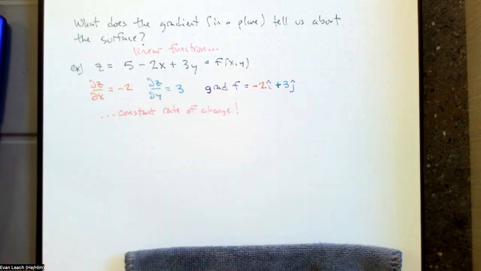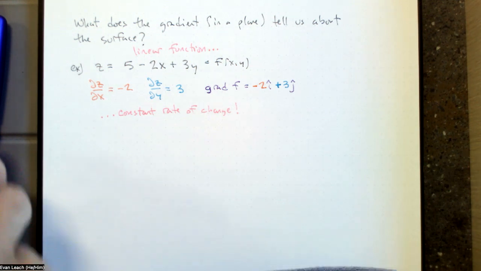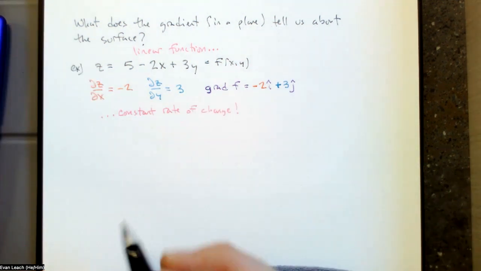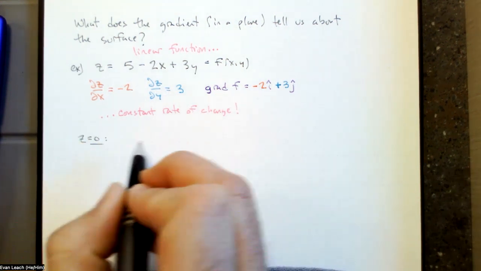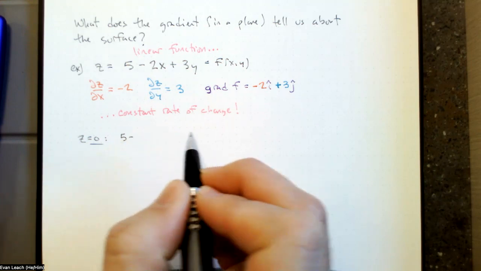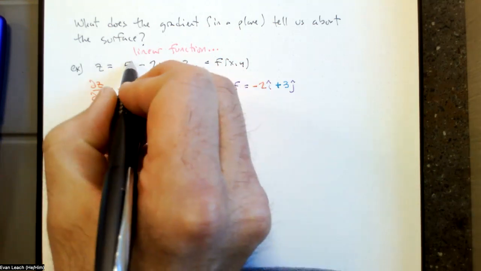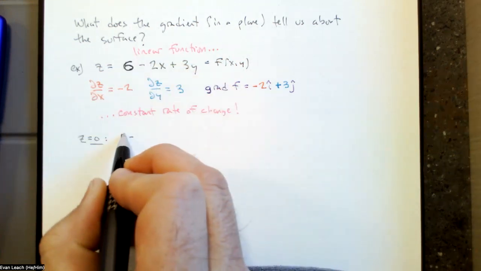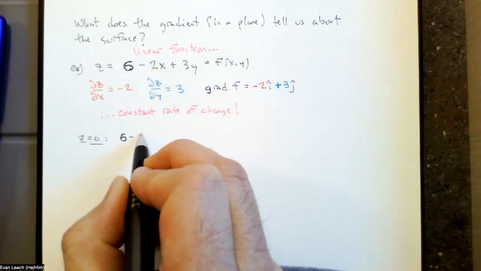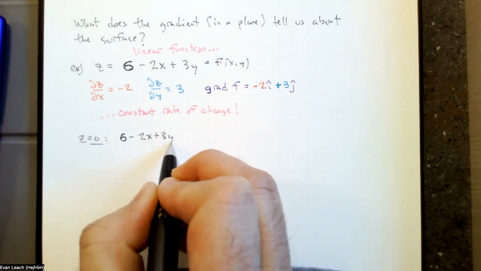Let's think about what this function looks like from a top-down view. When z is equal to 0, we get 5, I should have gone with 6. We get 6 minus 2x plus 3y.